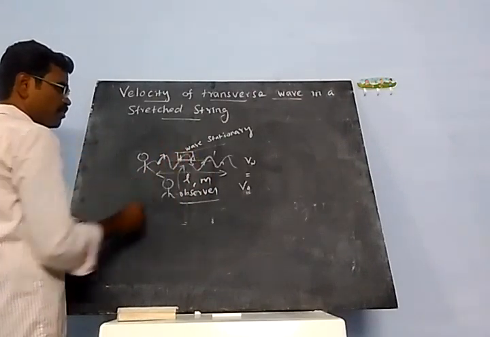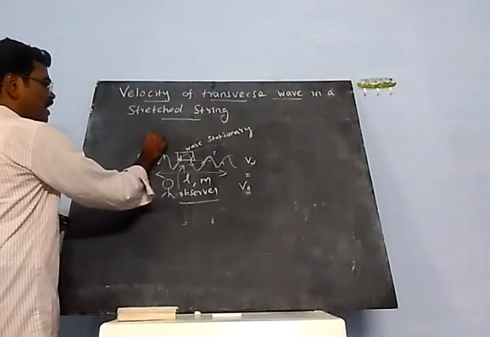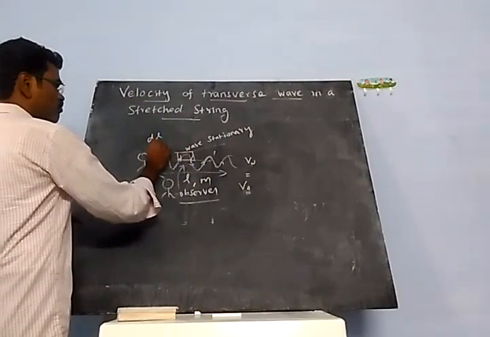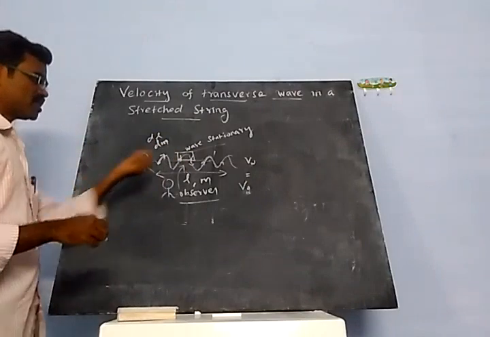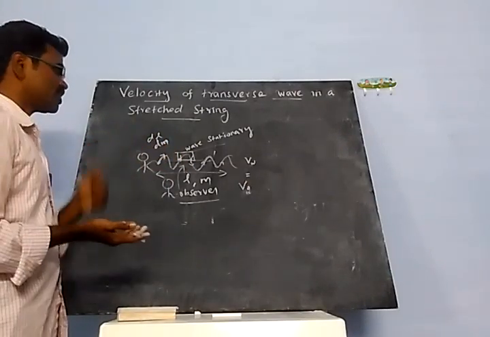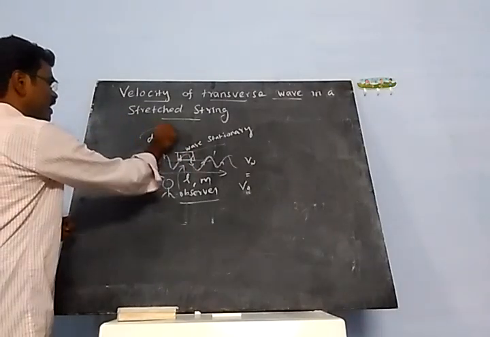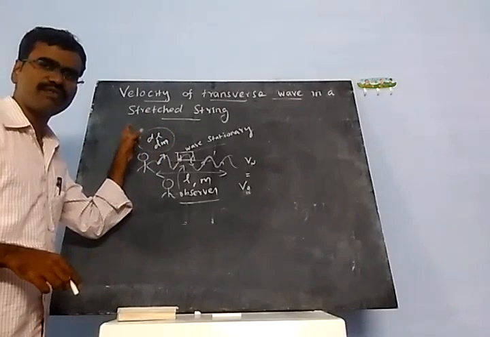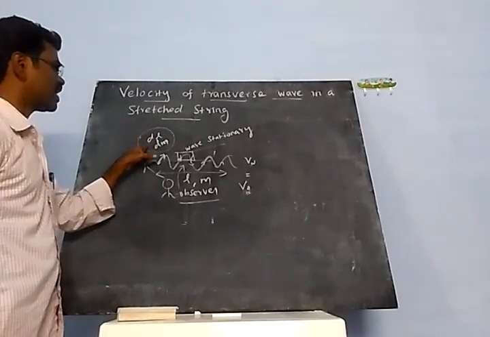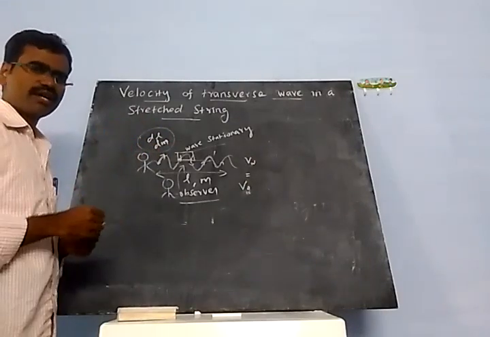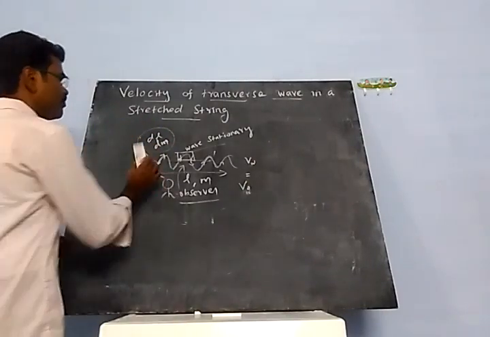This small part has length dl and mass dm. Because it is a very small part, the mass and length will vary, so I can take it in differential form. dl is the length of the segment and dm is the mass of the segment.